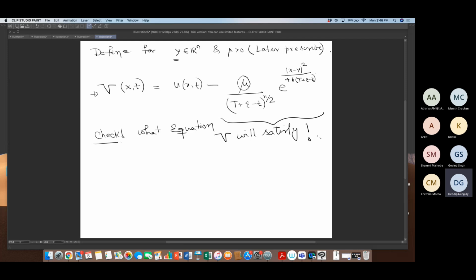You can check very clearly that V_t minus Laplacian of V is equal to 0. This equation will be satisfied by V. This is very straightforward. Can anyone tell me why?